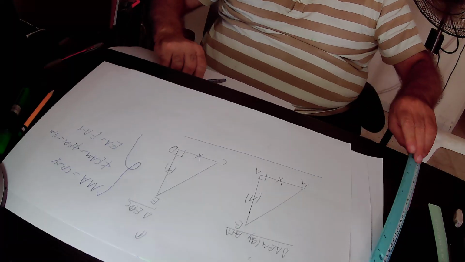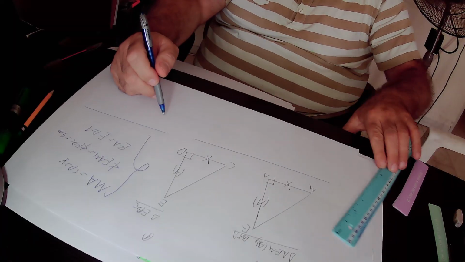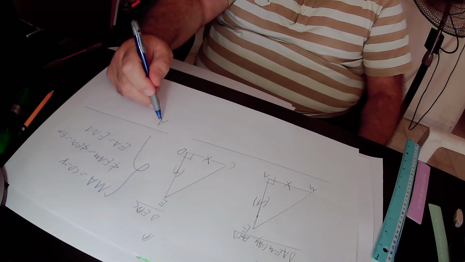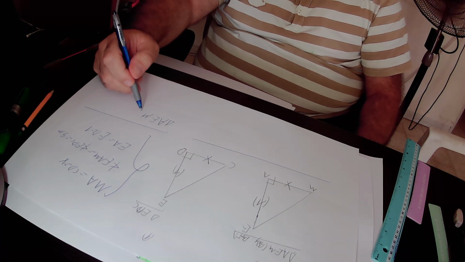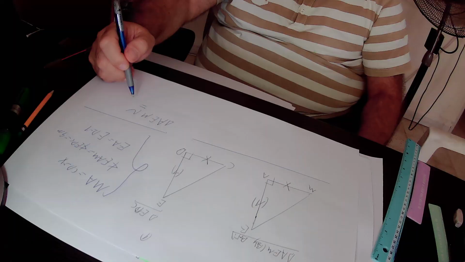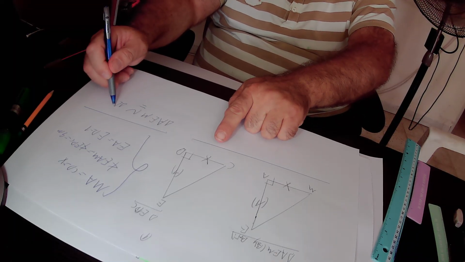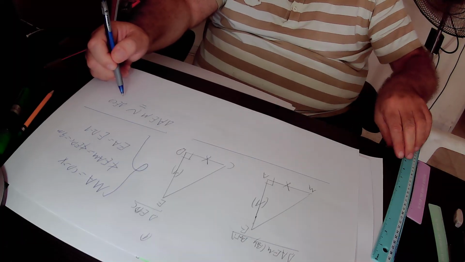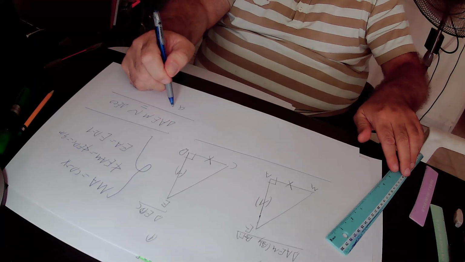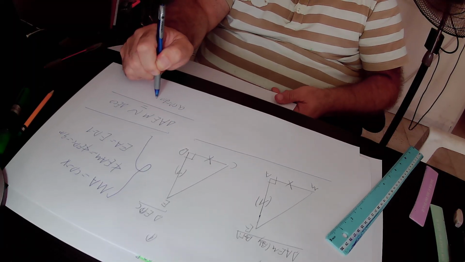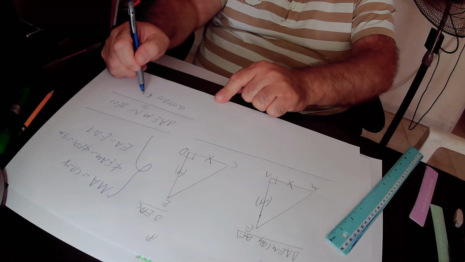So now we found out that the right triangle AEM is congruent, this is the sign of congruent, to the right triangle ECD according to the side angle side rule.